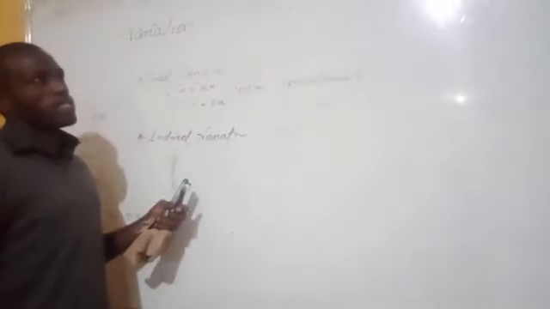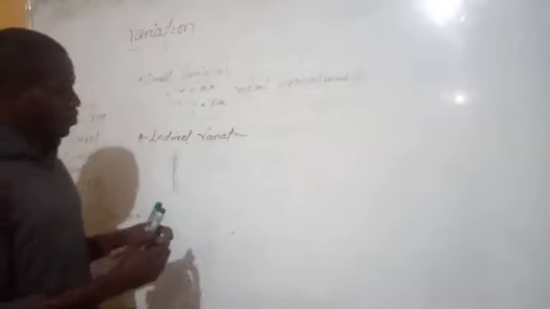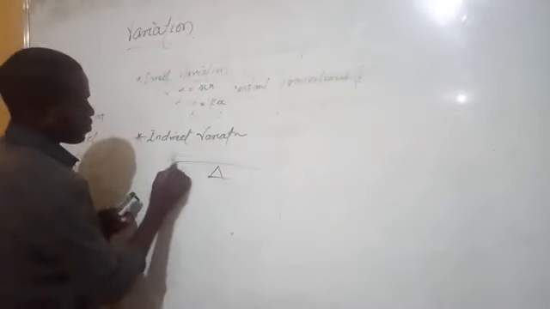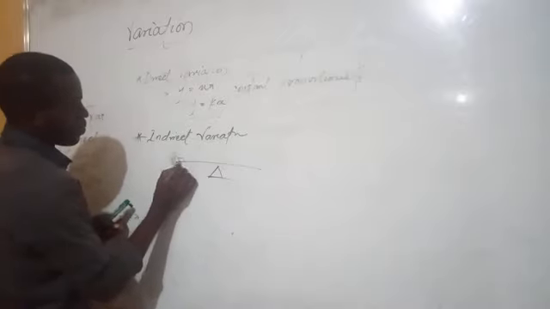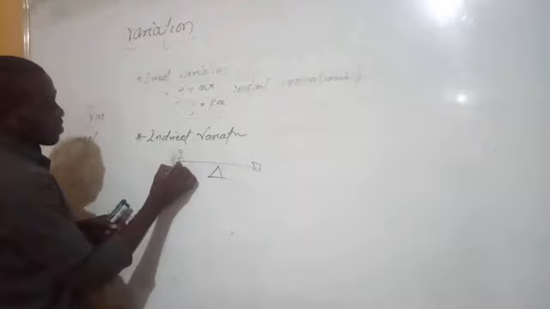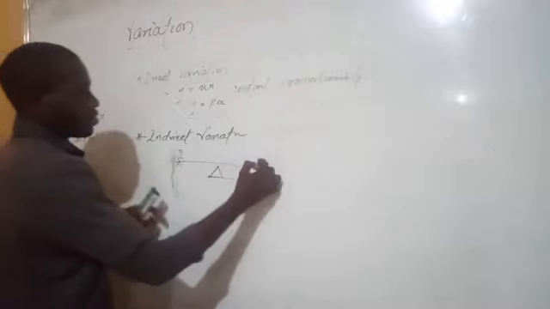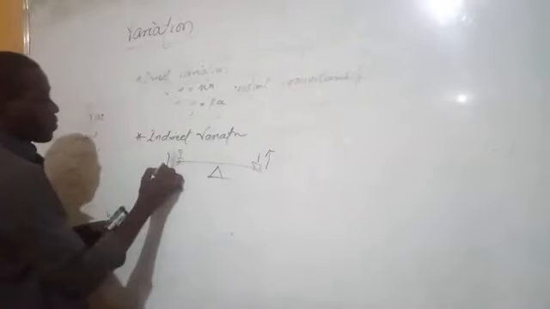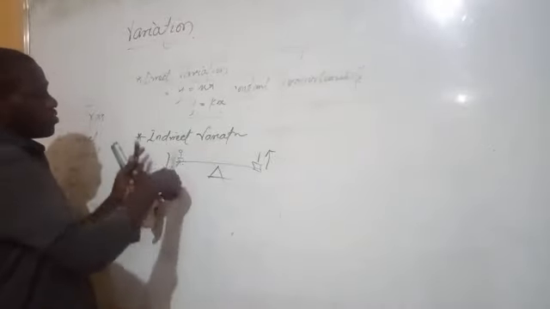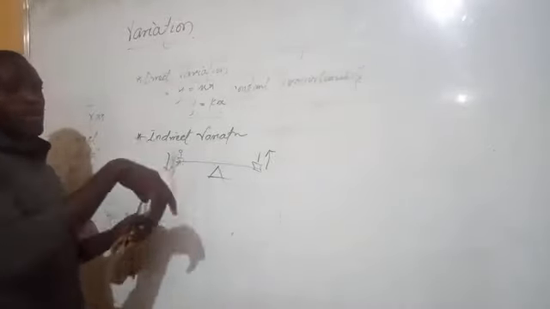So it's more like a seesaw. You have two people on a seesaw, one here and the other there. As this person goes down, this one goes up. As this person comes down, this one goes up. So that is an indirect variation.